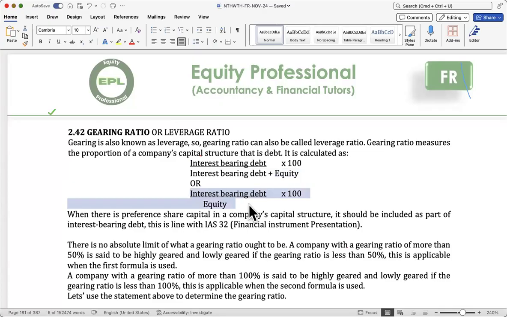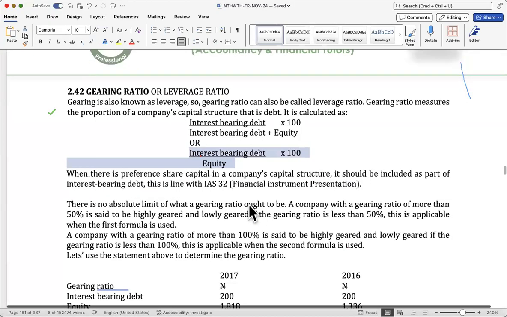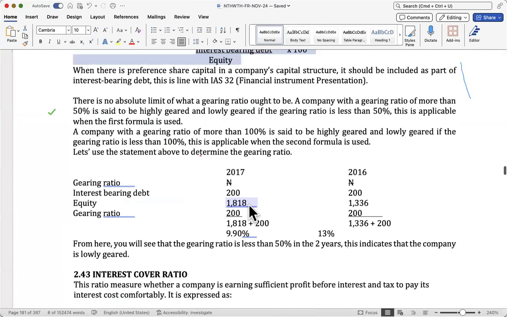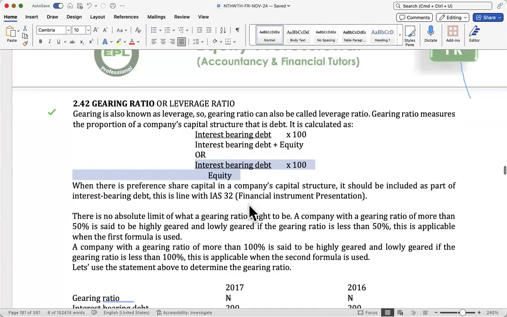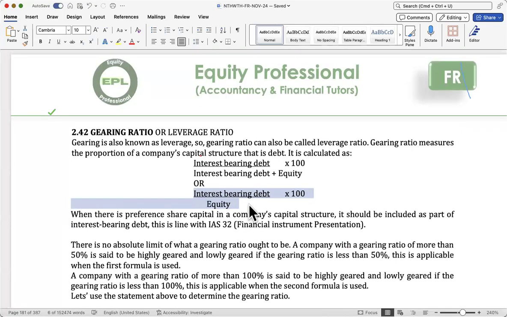And the problem of being highly geared is a problem of financial risk. When we say financial risk, it is the risk attributable to borrowing money. And there are two of them. Number one is the risk that you might not be able to pay interest and principal as and when due.